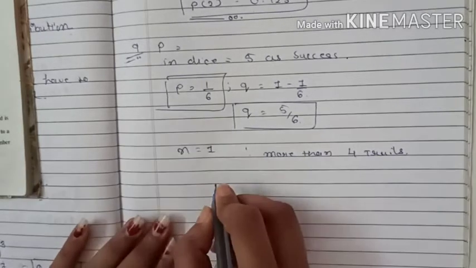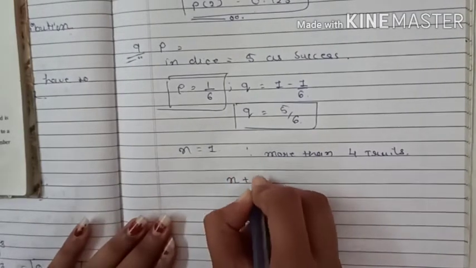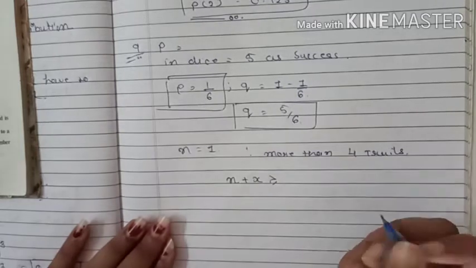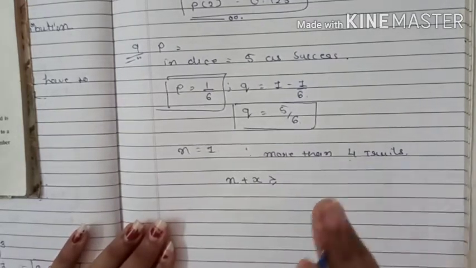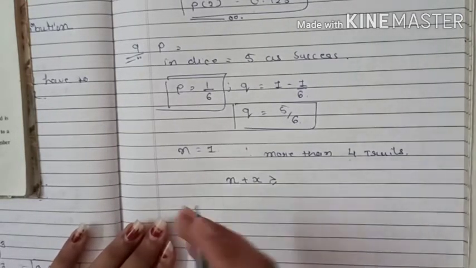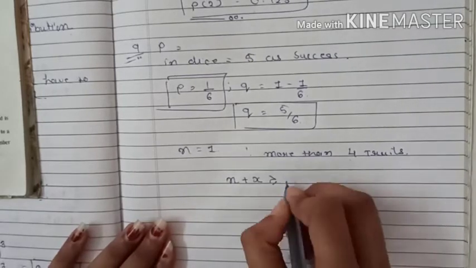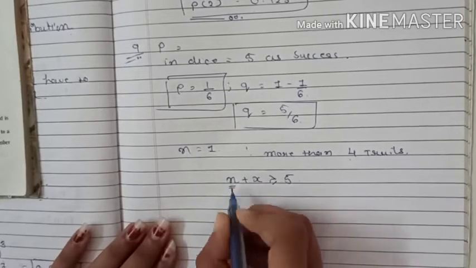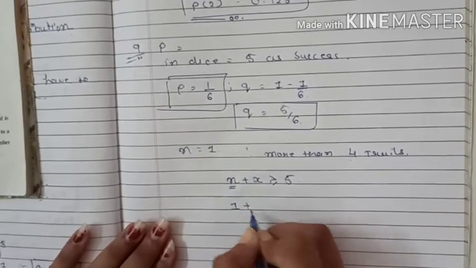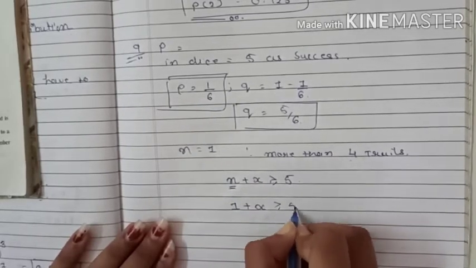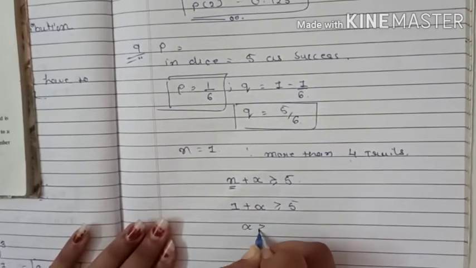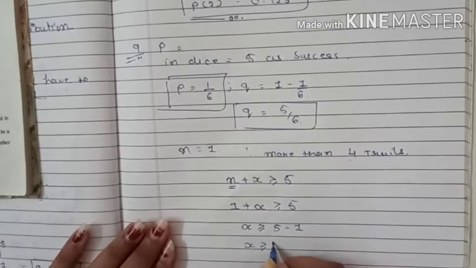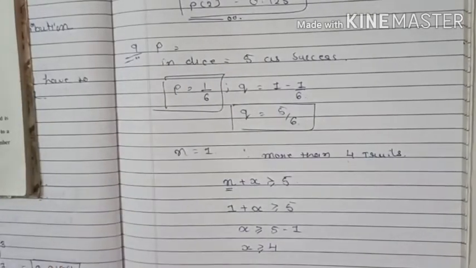The equation is n plus X greater than or equal to 4, more than 4. So what will come after 4? 5. So n is 1 plus X greater than or equal to 5. X greater than or equal to 5 minus 1, so X greater than or equal to 4.